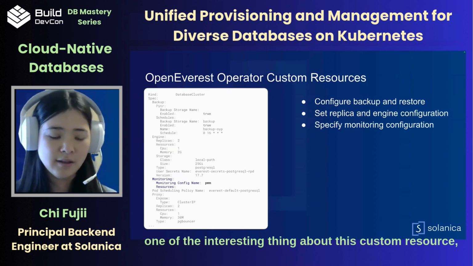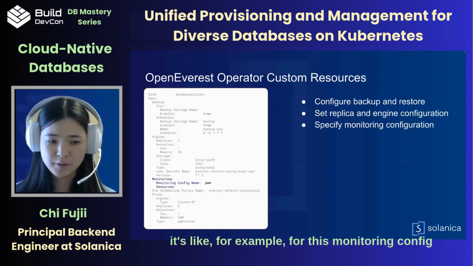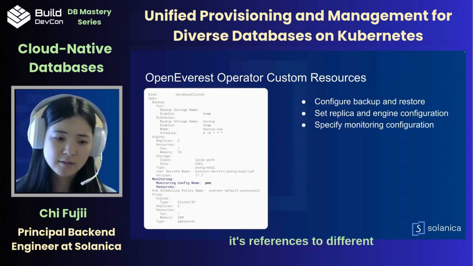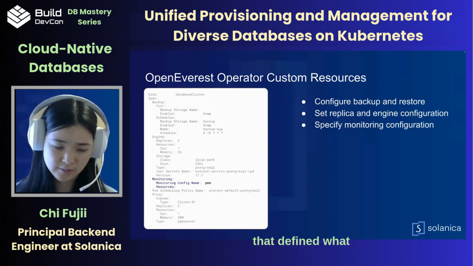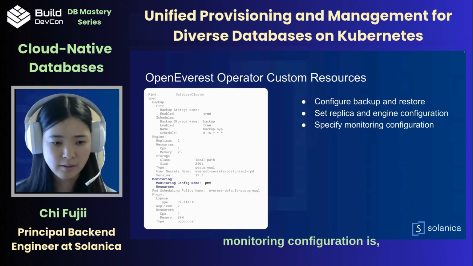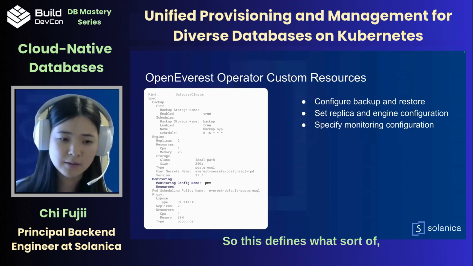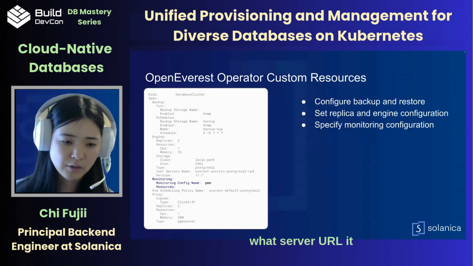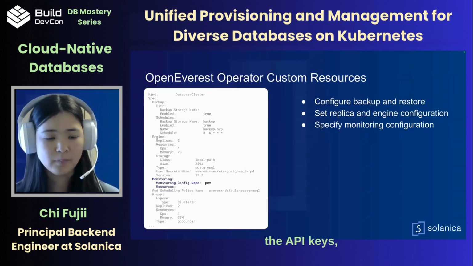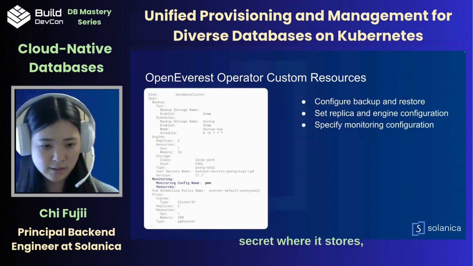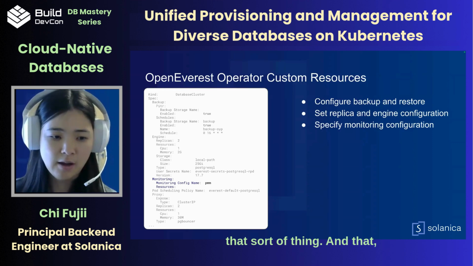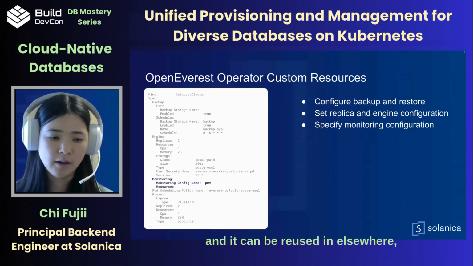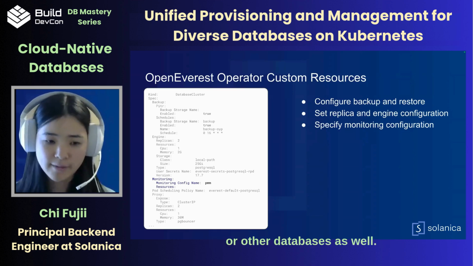So actually, one of the interesting things about these custom resources, for example, for this monitoring config name, is that it references different custom resources that define what the monitoring configuration is. In this case for PMM. So this defines what server URL it uses, the API keys, the secret where it stores them, that sort of thing, and that can be defined once, and it can be reused elsewhere or by other databases as well.